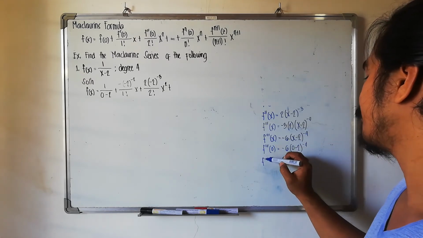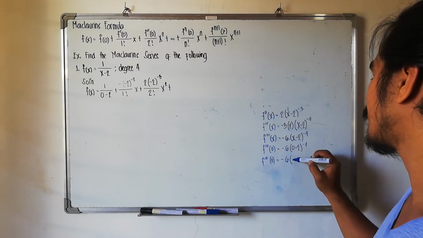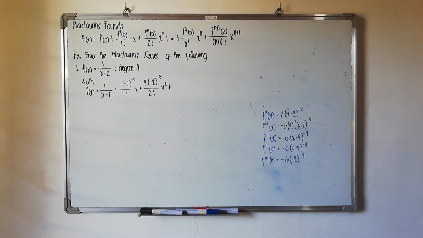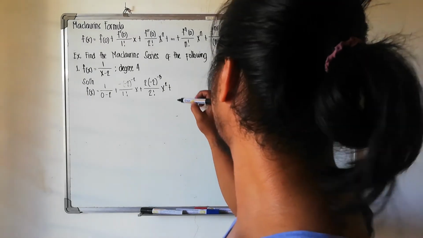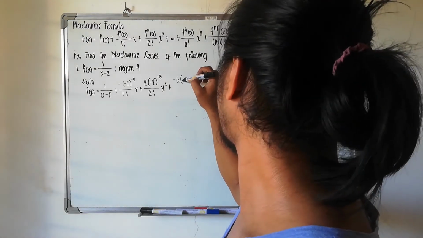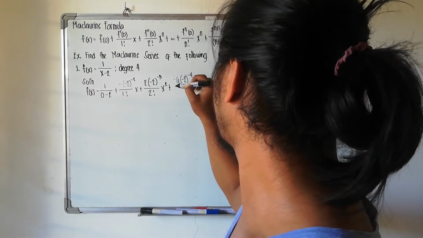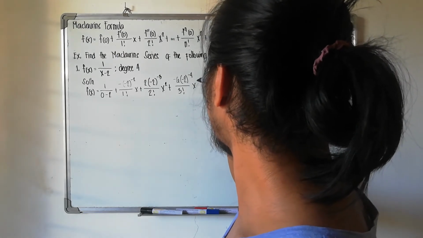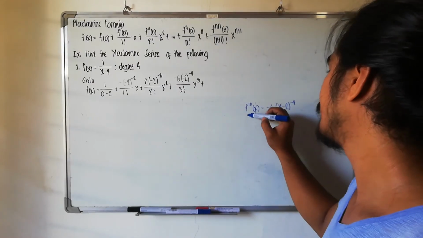So that is f triple prime of 0, negative 6 times negative 2 raised to negative 4. That is the third degree. It's negative 6 times negative 2 raised to negative 4 over 3 factorial times x raised to 3 plus the fourth derivative.